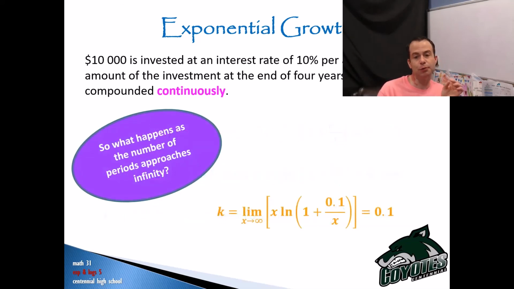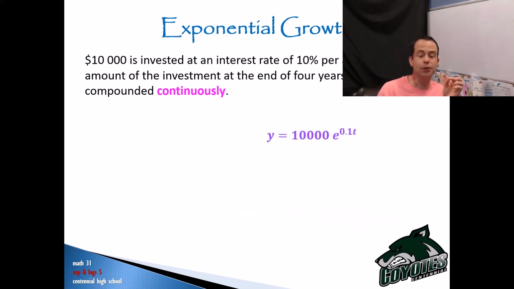The K value turns into the interest rate. The K value caps right at the interest rate. I had a 10% interest rate. My K value here would cap at 0.1. So if I want to figure out the interest continuously, my K value just becomes the interest rate. So it becomes E to the 0.1 T.